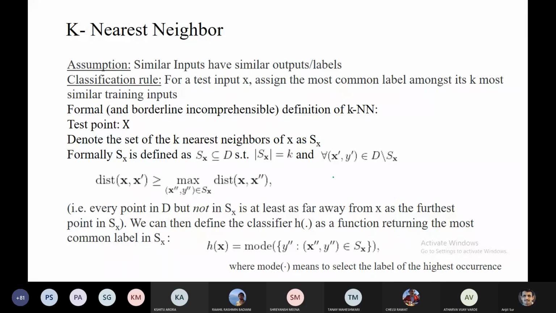Now we are trying to do another, new hypothesis function, or a new way of doing this.